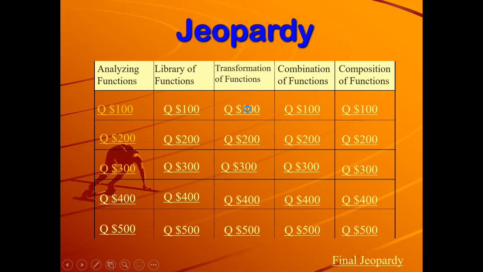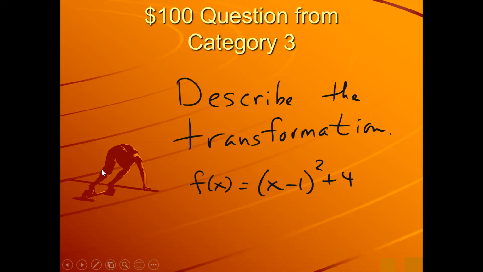Oh boy. Describe the transformation. Dylan. What is 1 to the right and 4 upwards? This is really dark, right? Hey, can you see that better?